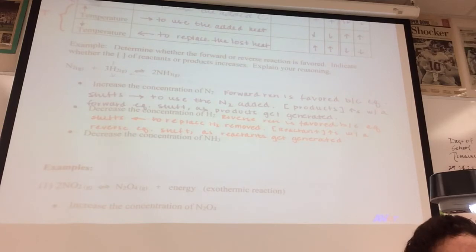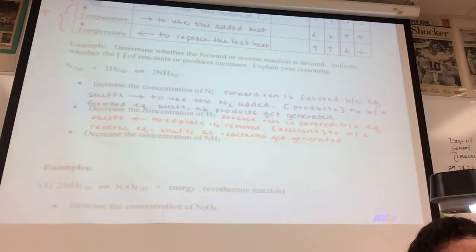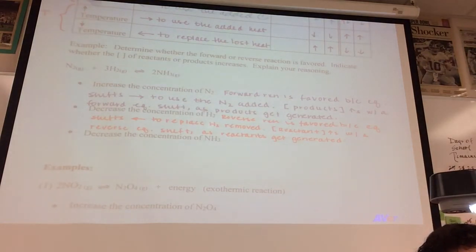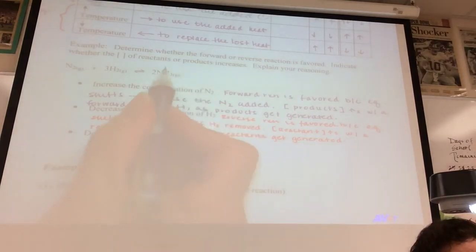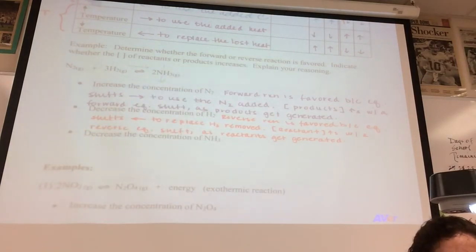If we decrease the concentration of ammonia, NH3, which reaction is favored, forward or reverse? Forward. Why? Because we are going to shift in the forward. Equilibrium will shift in the forward direction in an effort to replace the ammonia lost.